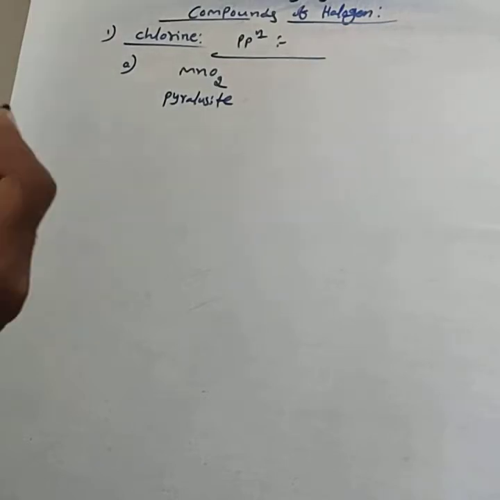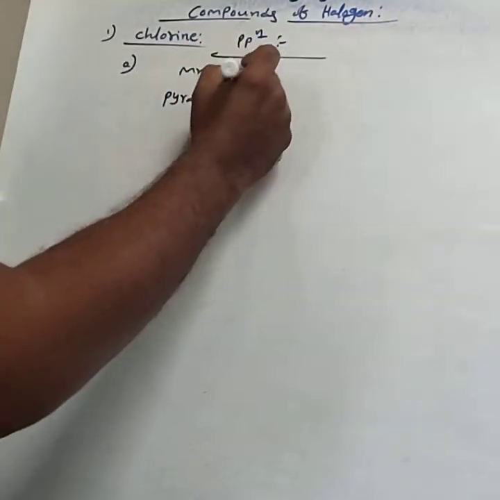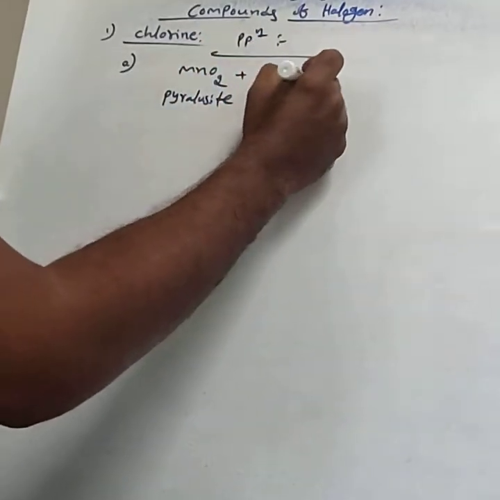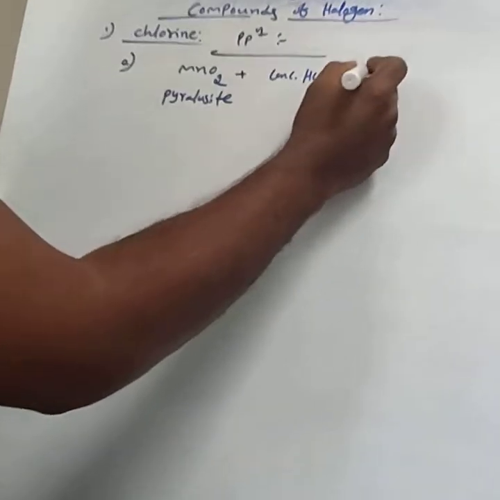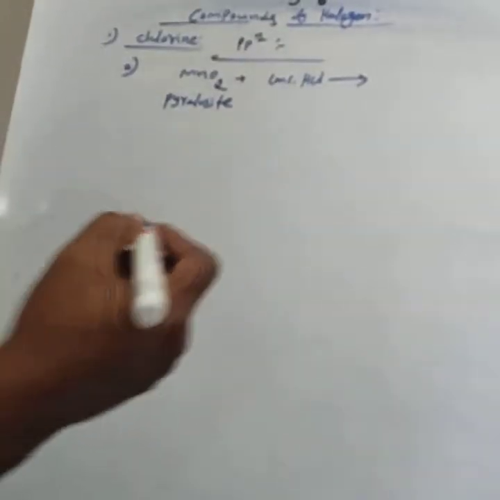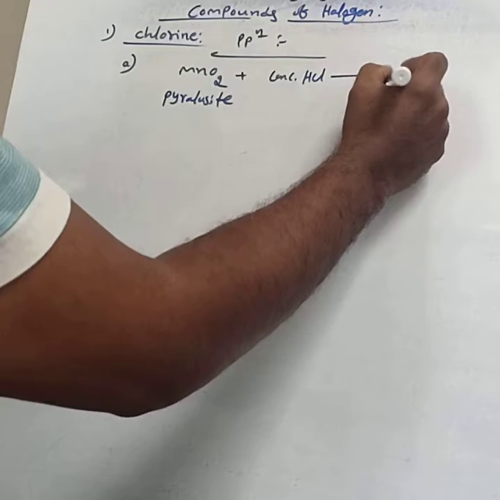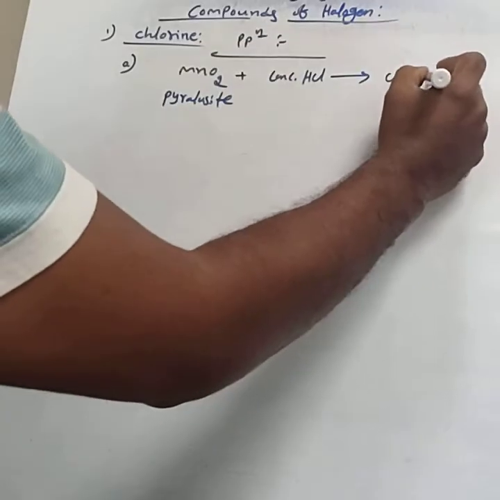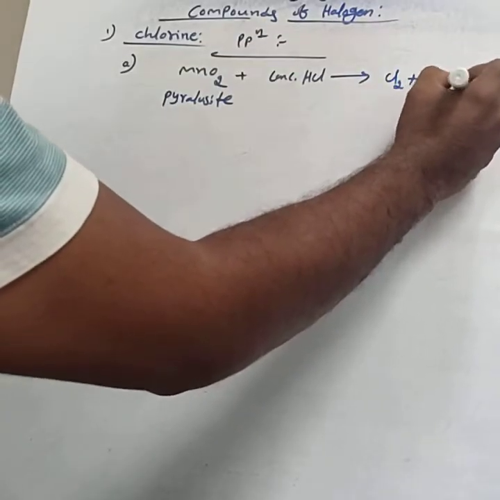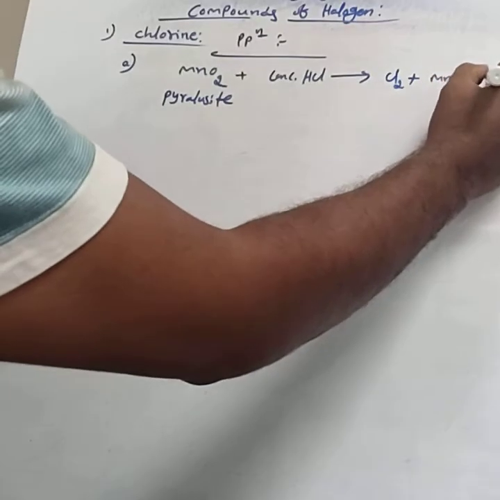By heating MnO2 with concentrated HCl, we get dichlorine, Cl2. Other byproducts are MnCl2, manganese dichloride, and H2O.